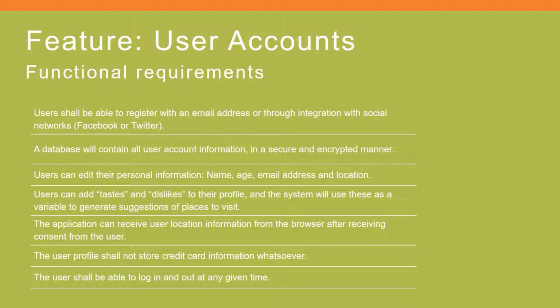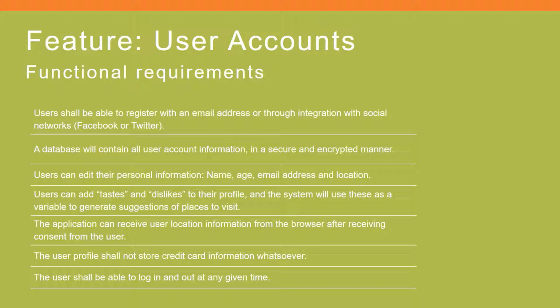The functional requirements for the user accounts feature are: One, users shall be able to register with their email addresses or with an integration with a social media network such as Facebook or Twitter.